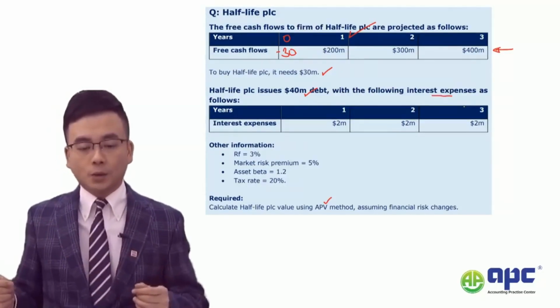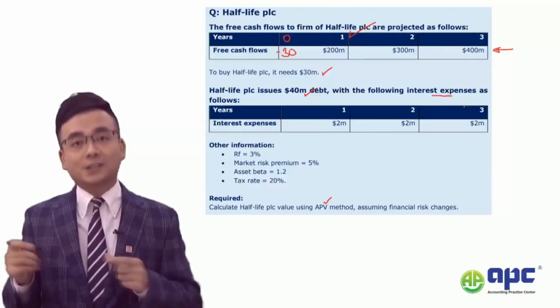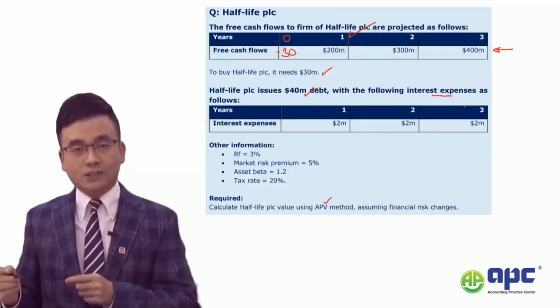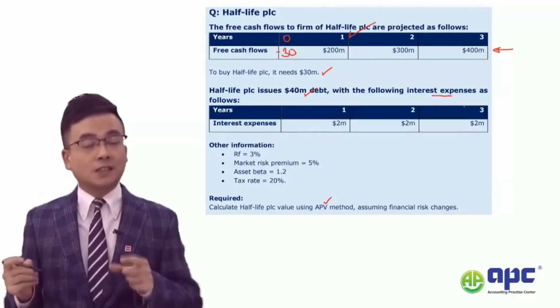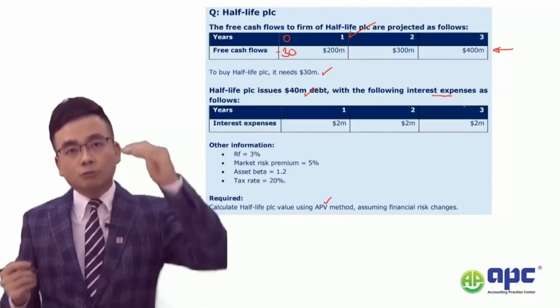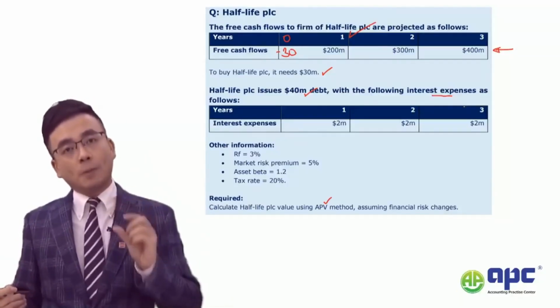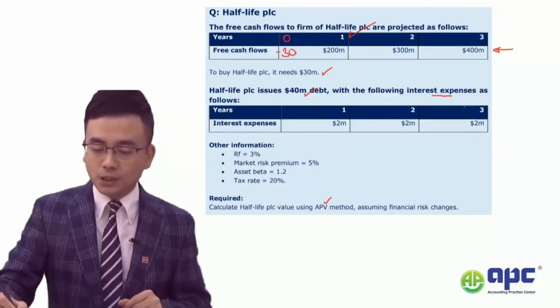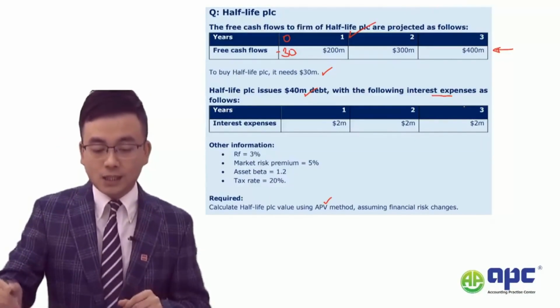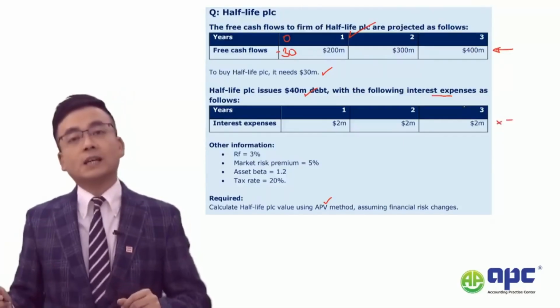Because it has debt, it has interest expense, and interest expense can save us tax. The reason is interest expense will reduce our taxable profit and we'll pay less tax on that. So we're simply multiplying by the tax rate, which is 20% per year.